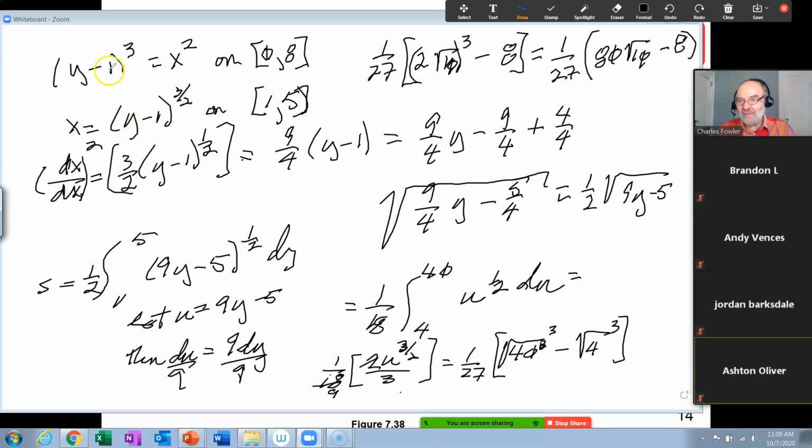What they did is take a cube root of both sides, and that gives you y minus 1 is equal to x to the 2/3 power. Then add 1 to both sides, you get y is equal to x to the 2/3 plus 1.